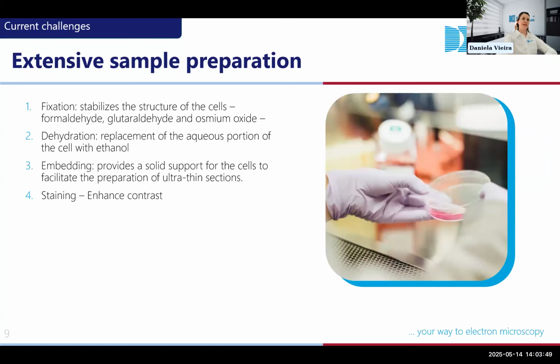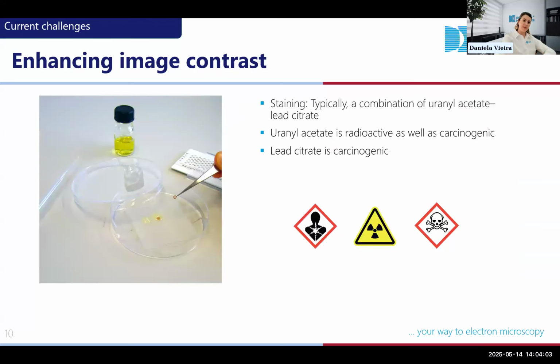Sample preparation is an extensive process: fixation, dehydration, embedding, and for high voltage TEM systems, stain is mandatory to allow you to have contrast in your image. It's usually done with uranyl acetate and lead citrate. However, uranyl acetate is radioactive and also carcinogenic, and lead citrate is carcinogenic.